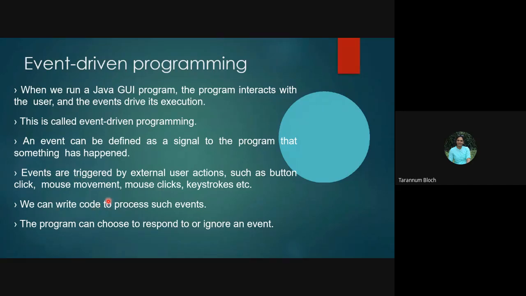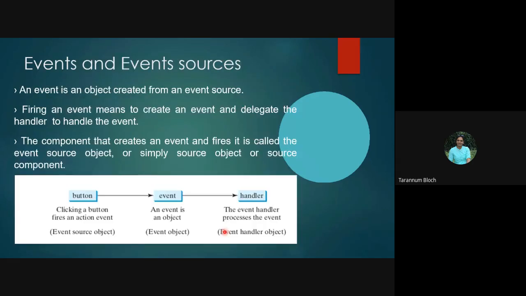So when we do the event driven programming, basically we write code to process such events, right? So whatever is happening, the program can choose to respond or to ignore that event.